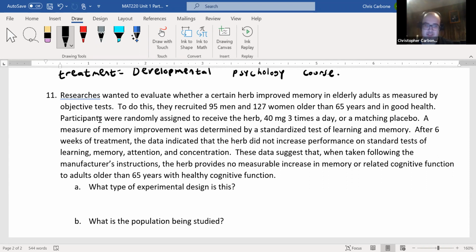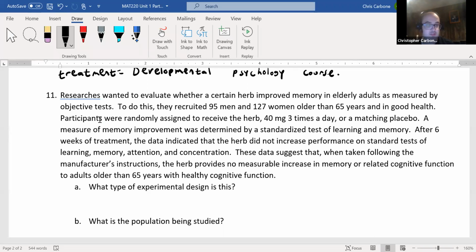Participants were randomly assigned to receive the herb 40 milligrams 3 times a day, or a matching placebo. A measure of memory improvement was determined by a standardized test of learning and memory.